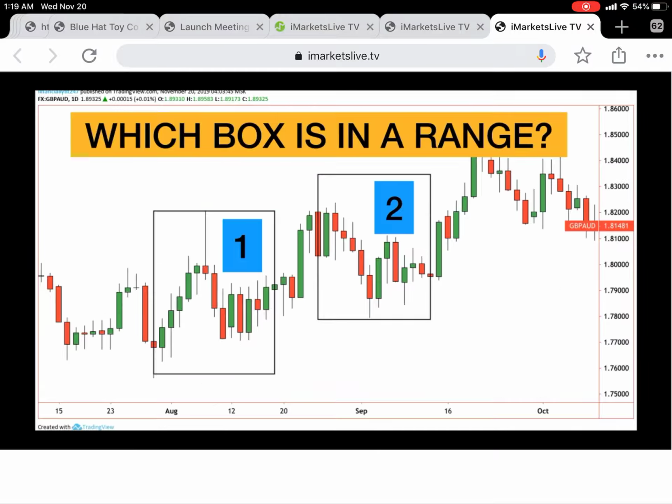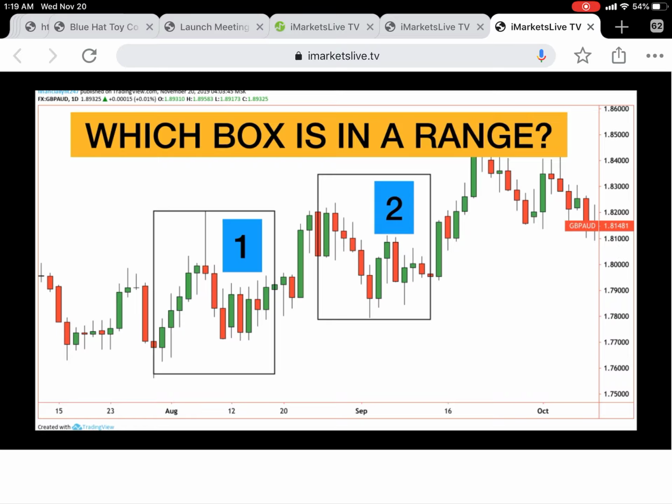Now, which box is stuck in the range? Is it box number 1 or box number 2? Let's see if you guys understand the range.